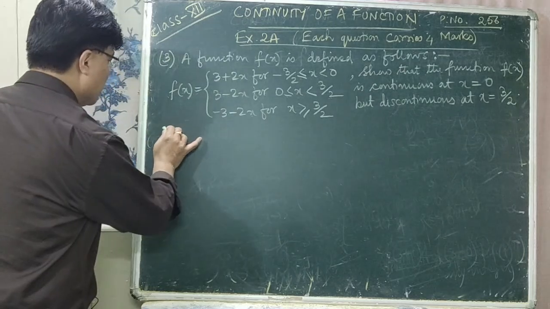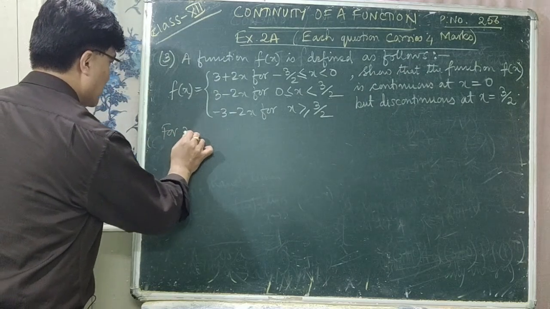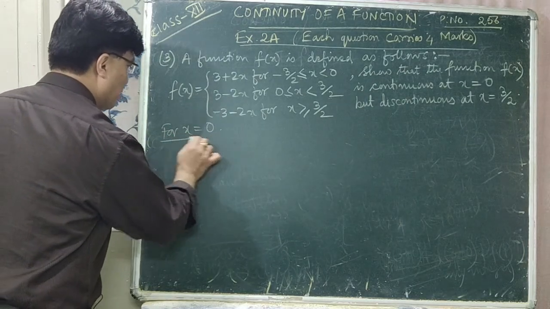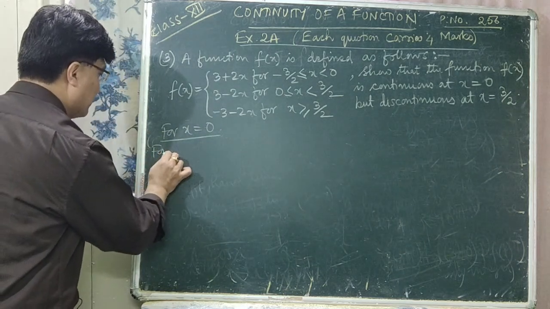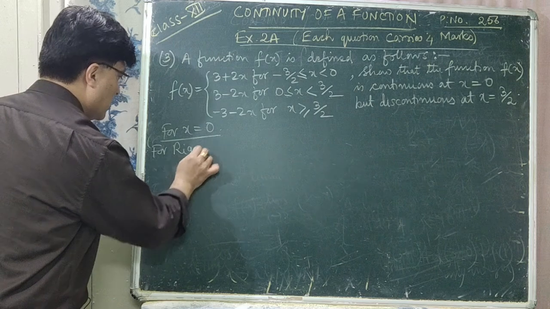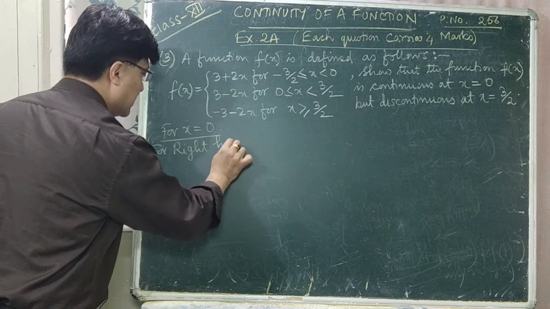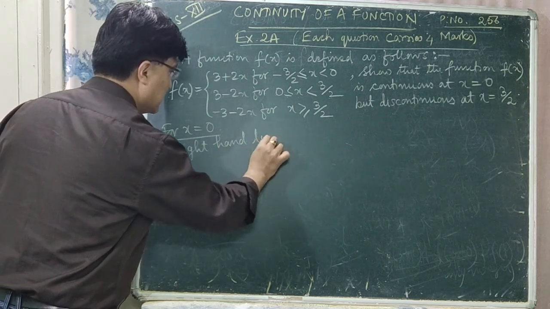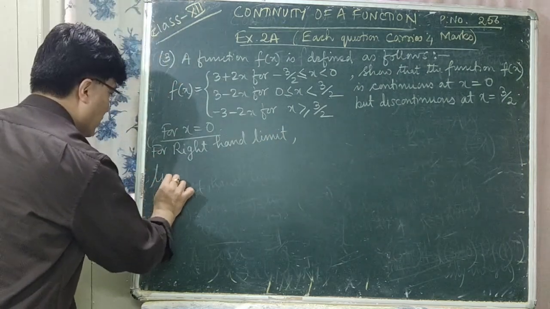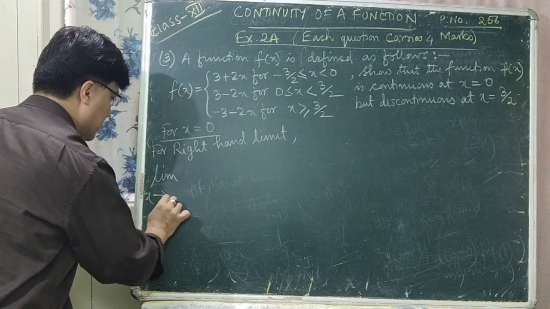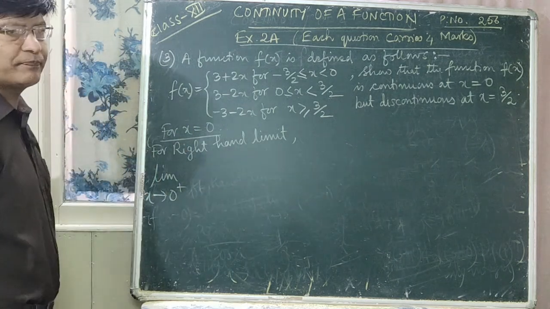Okay, so for x is equal to 0 point, right? So let us write down for right hand limit. For right hand limit, so what do we write? For x is equal to 0, how will you write? Limit x tends to 0 plus.